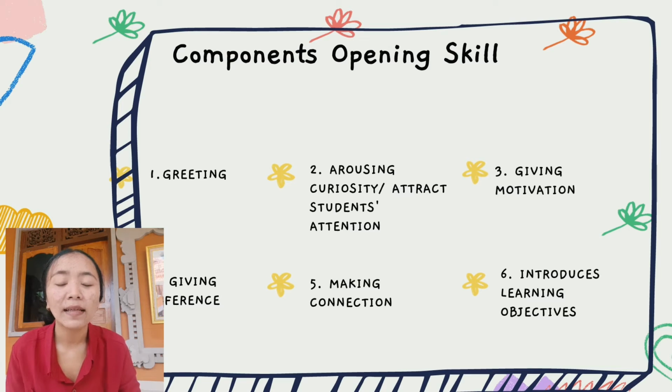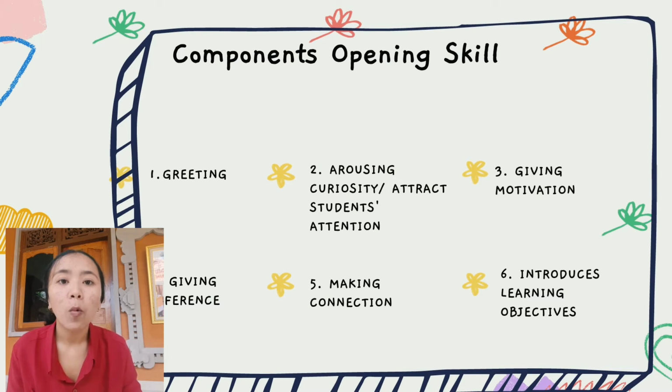And the last one is introducing the learning objectives. Here, a teacher needs to tell the students about the scope and the purpose of the learning material, what they need to achieve from the material, by showing them the indicators as well as the learning objectives.